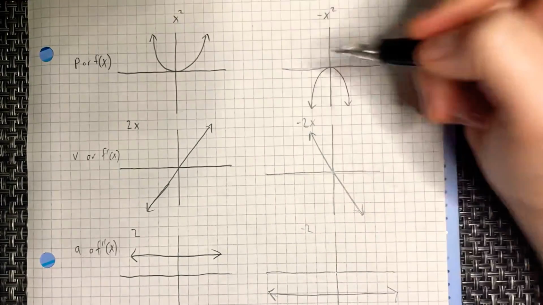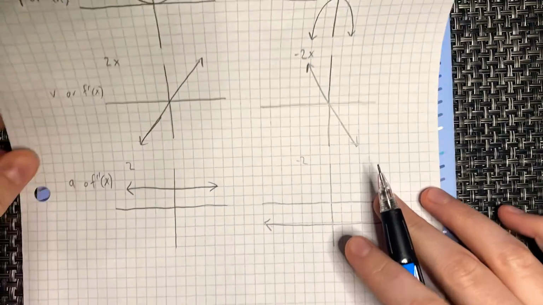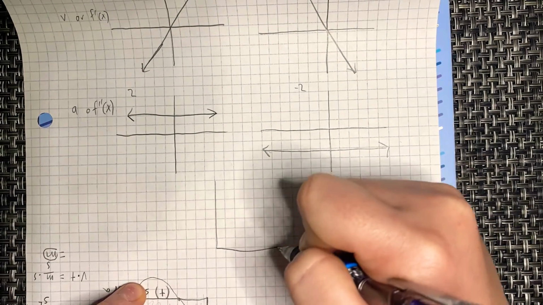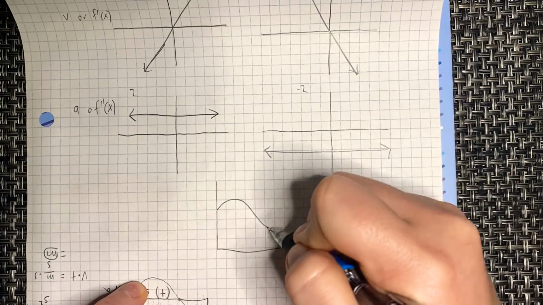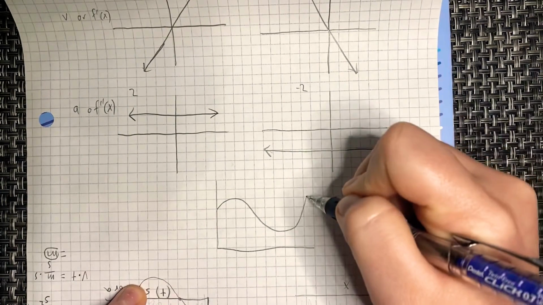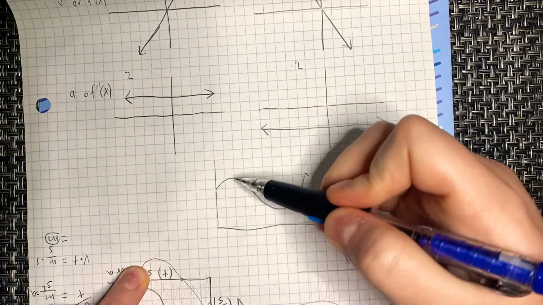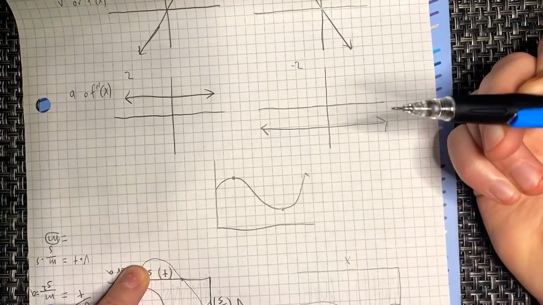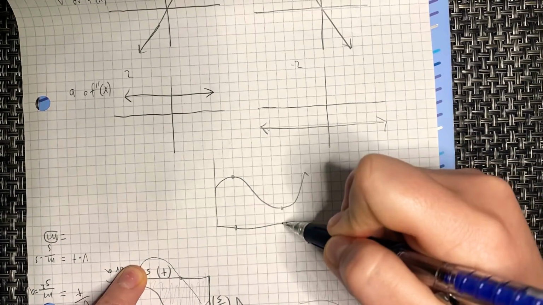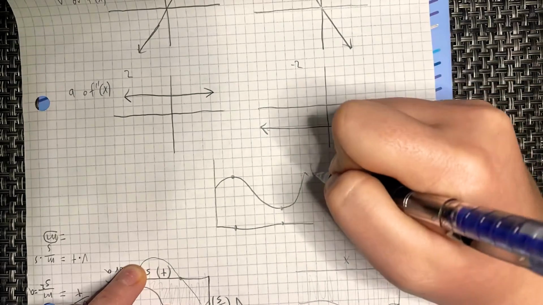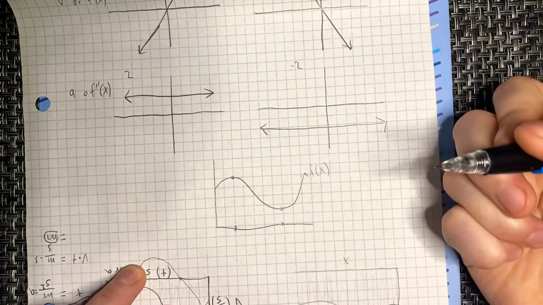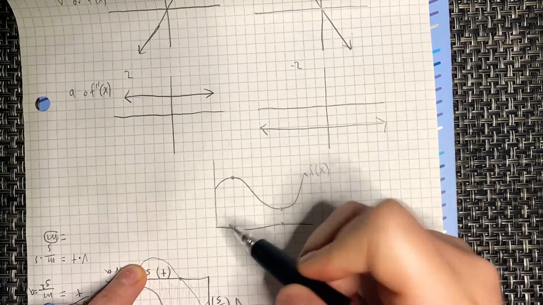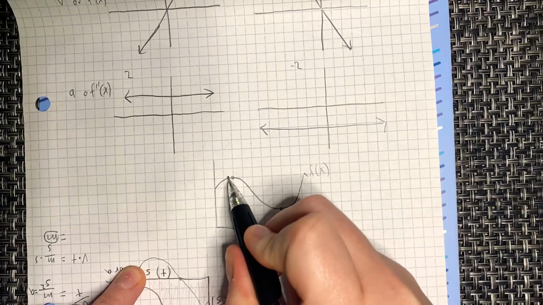So if I needed to find a visual derivative of something that looked like this, I know I've got a max here and a min there. So those go on the x-axis for our, so this is f of x, right? And we're finding the derivative. And so to there, this is an increasing function.